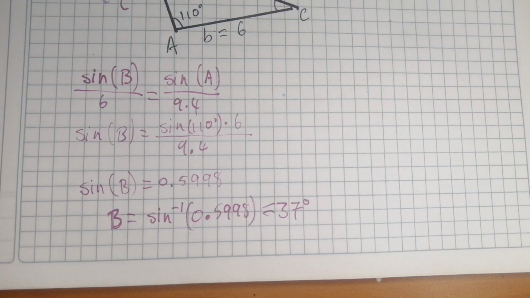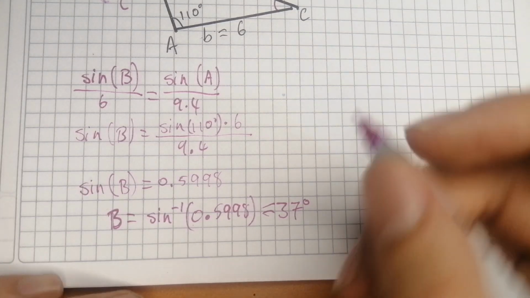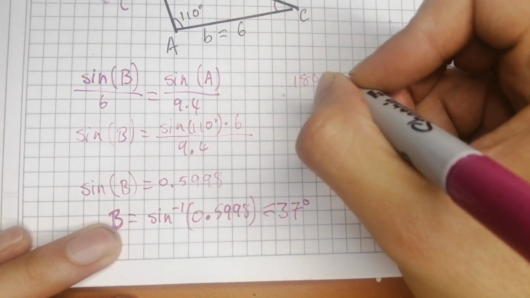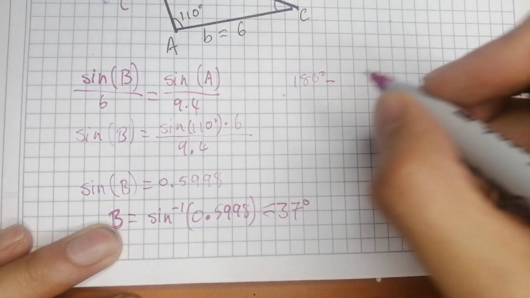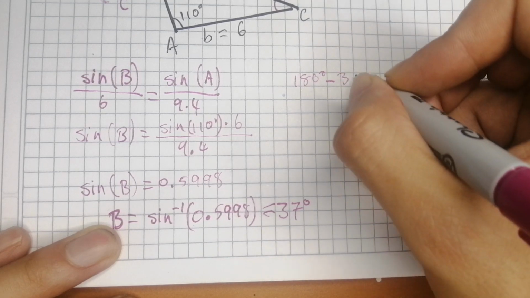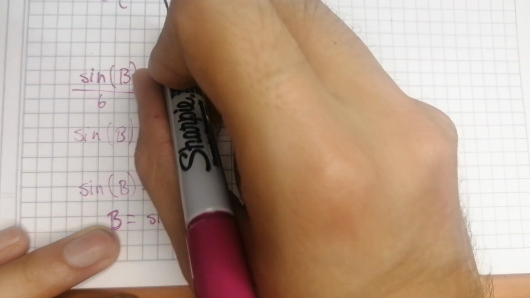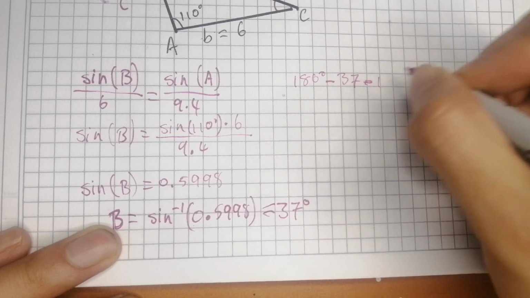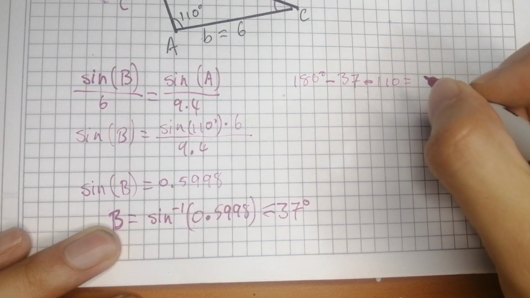And now I can use the following trick: 180 degrees minus 37, that is the thing that I just found, minus 110, that is the value of this angle A. This stuff is equal to what?